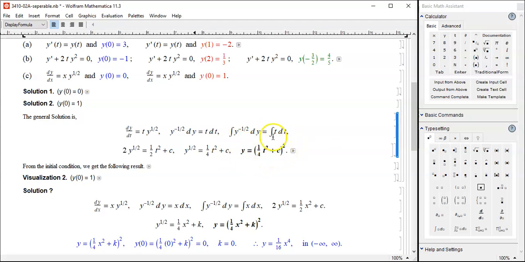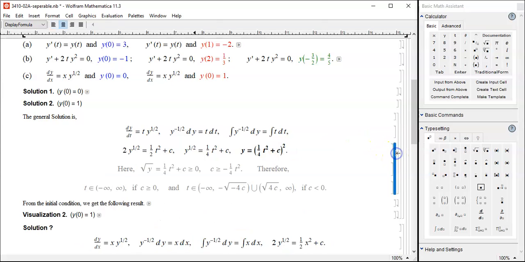As a matter of fact, over here, not all c satisfies this. Let's see, from here, divide by 2, the square root of y is 1/4 t squared plus c.